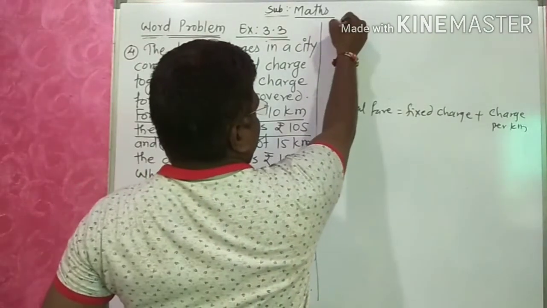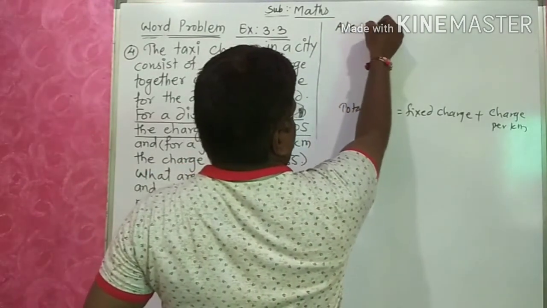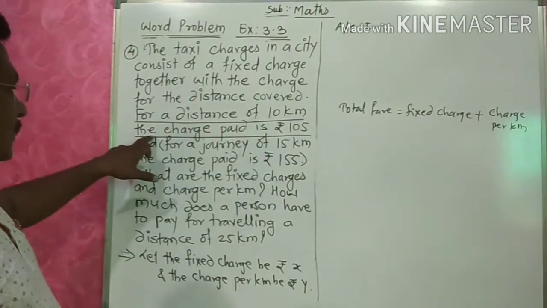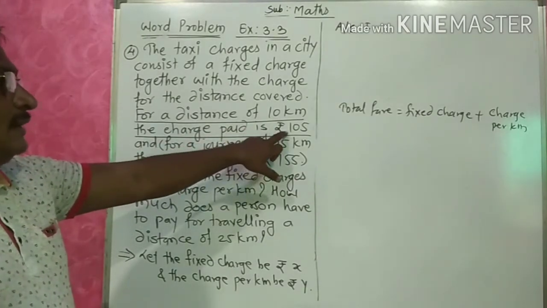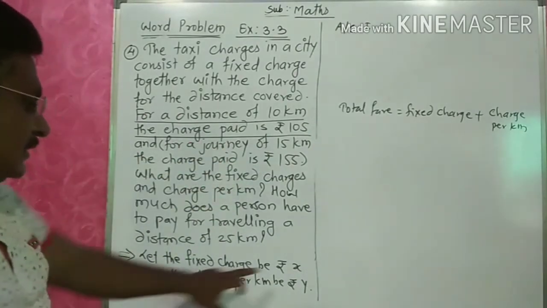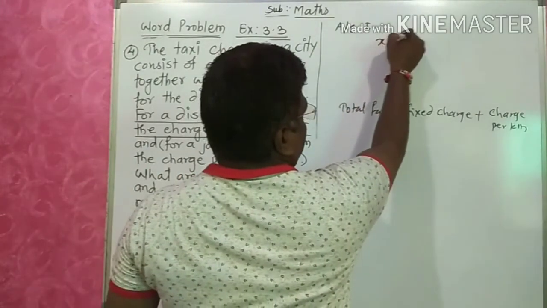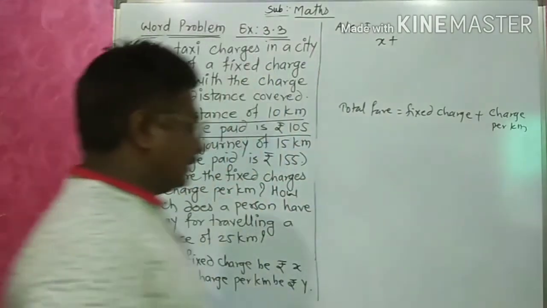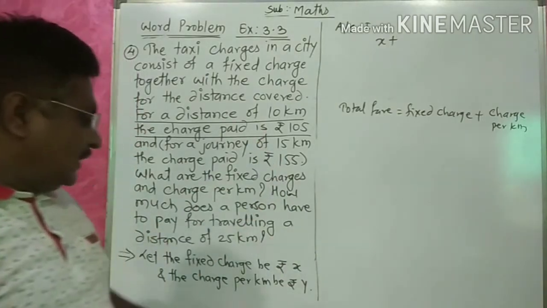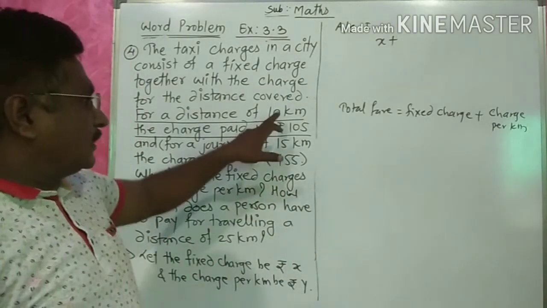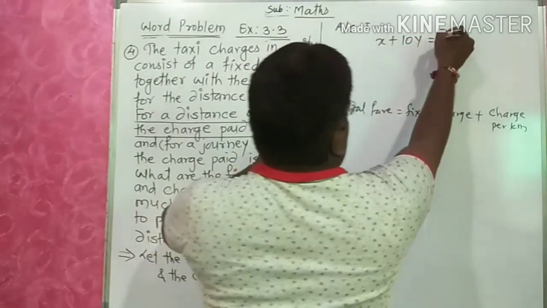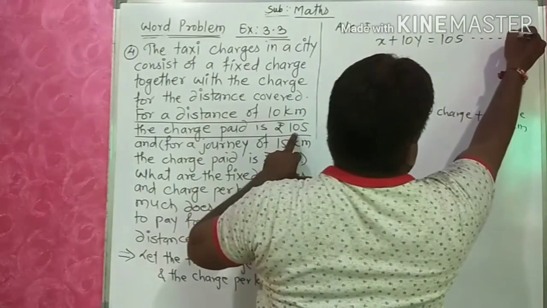According to the first condition: for a distance of 10 km, the charge paid is rupees 105. This is the total fare. Fixed charge is x, plus charge per kilometer. The charge for 1 kilometer is y rupees, so for 10 kilometers, 10y, equals 105. Equation 1: x + 10y = 105.